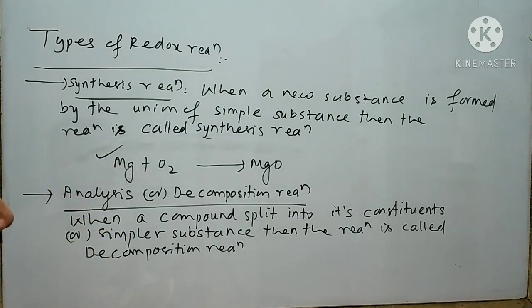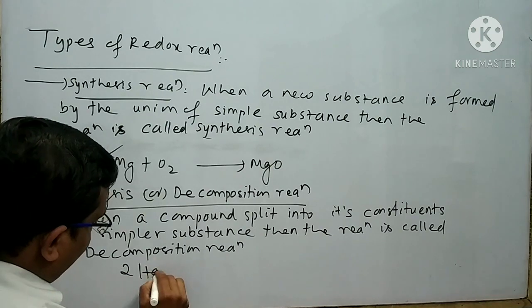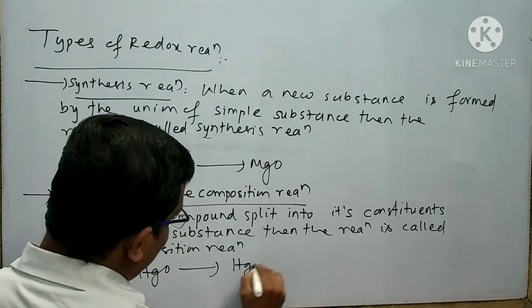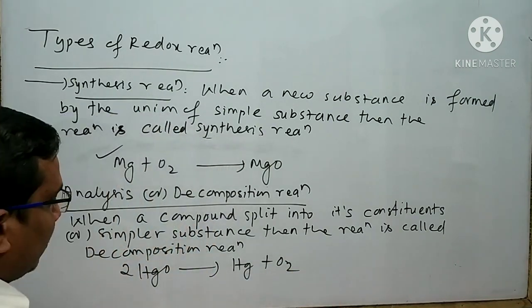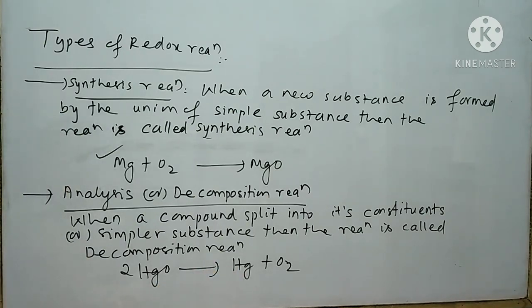Take an example, 2HgO gives 2Hg plus O2. This is an example of a decomposition reaction. Also this reaction belongs to redox reactions.